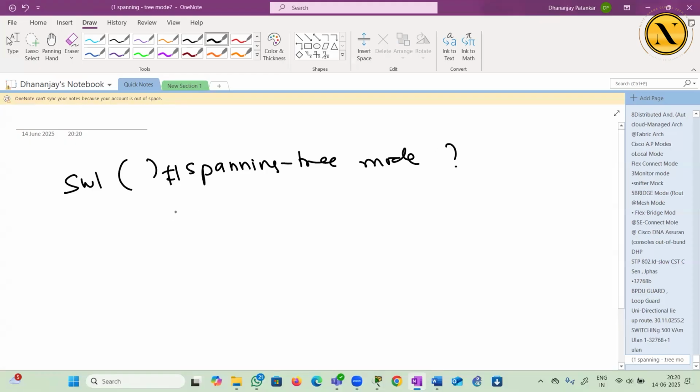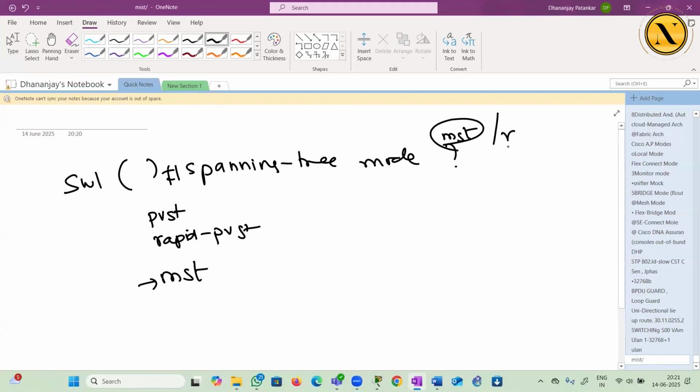Only two choices here in the simulator: PVST and rapid PVST, isn't it? Remember? In the real switch, you'll also get MST. So you just have to type MST, nothing else, on all the switches, or rapid-pvst. Because the default is already PVST.